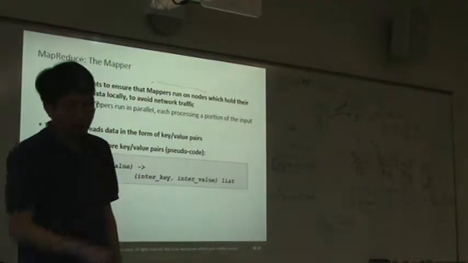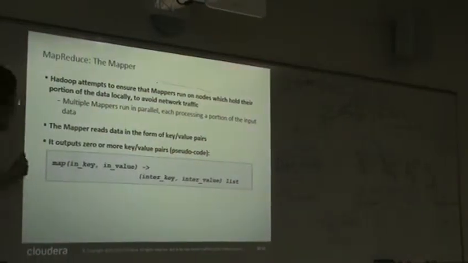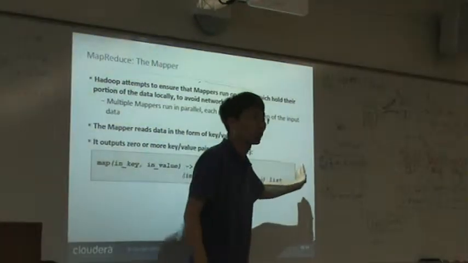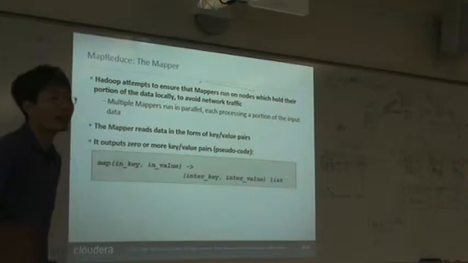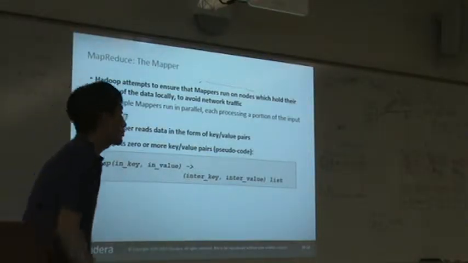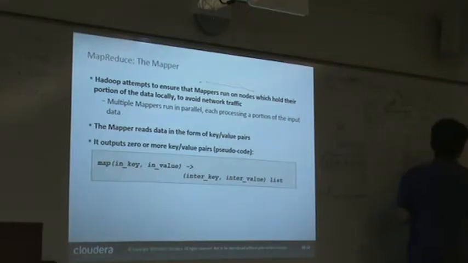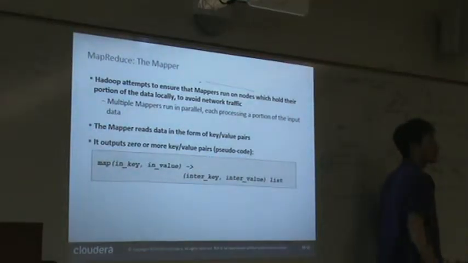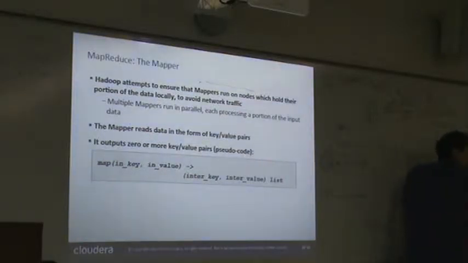So, to understand the mapper, this is a very high-level code, so don't worry about the syntax yet. Yes? When we say the task failed, it means the node failed? Yeah, sometimes a node can fail, which means the entire node has failed. The name node definitely knows which node is not available.